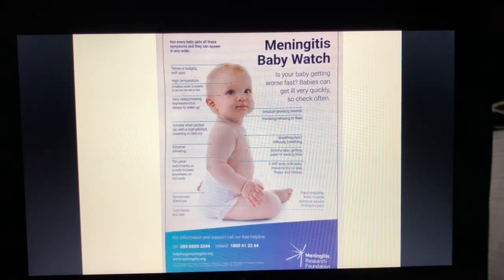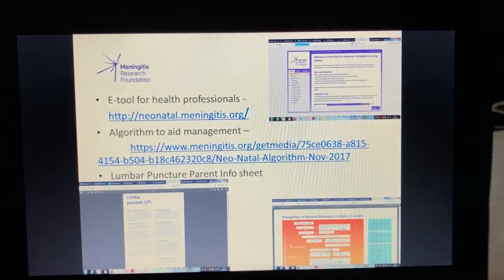In addition to this, the Meningitis Research Foundation has also published an e-tool about neonatal meningitis to increase and improve awareness among healthcare professionals. For hospital management, there's also an algorithm, and an example of that is on the bottom right.